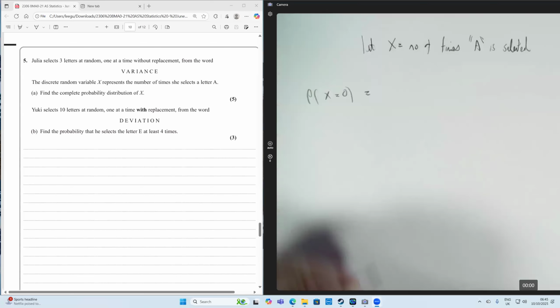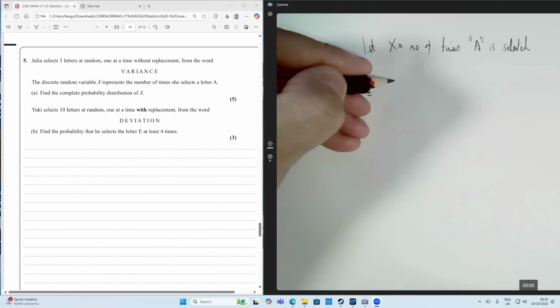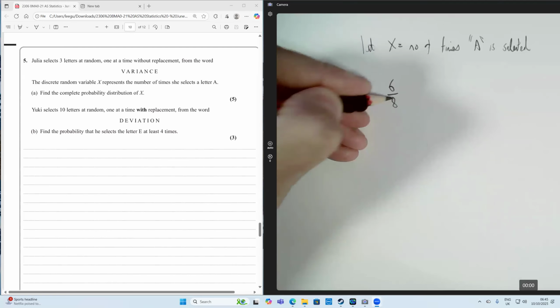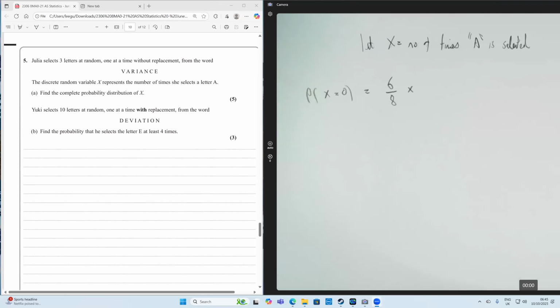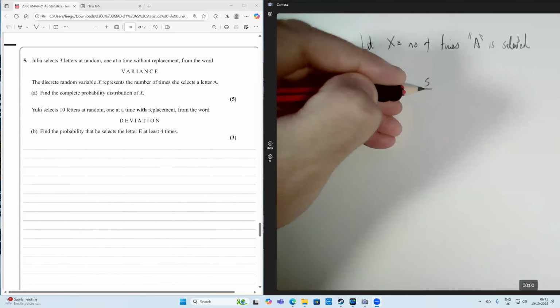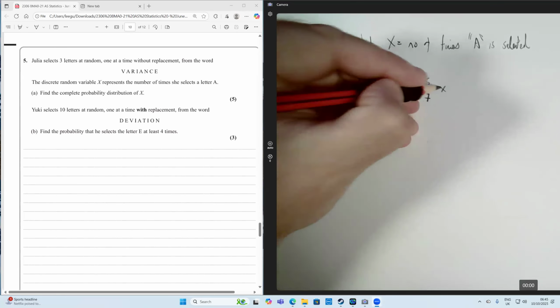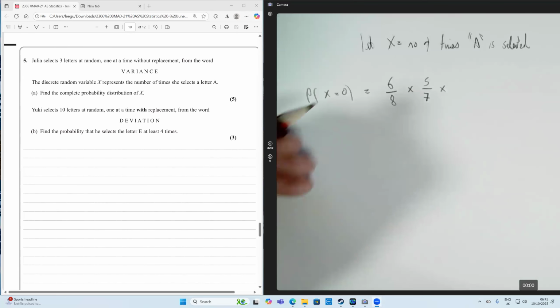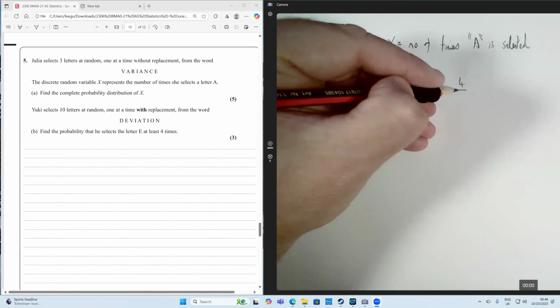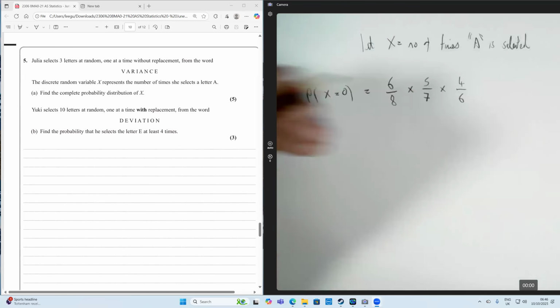Now, the first time Julia selects one, if she doesn't select an A, there are 6 letters that do not have an A out of the 8 altogether. On Julia's second choice, there are 5 letters that do not have the letter A out of the 7 remaining. And on Julia's third selection, there are 4 letters out of the 6 that remain.